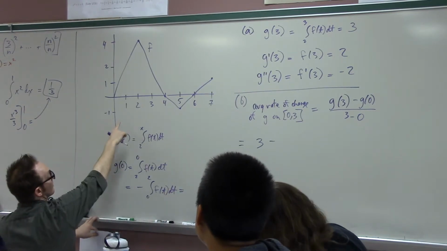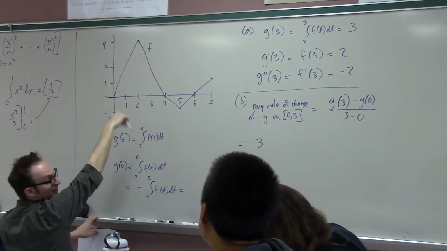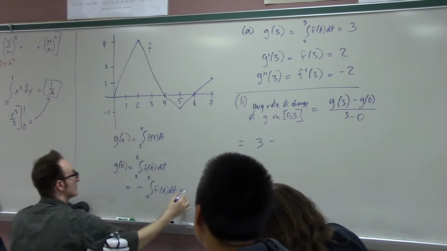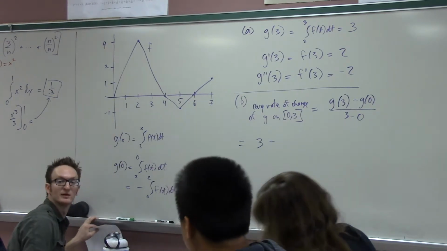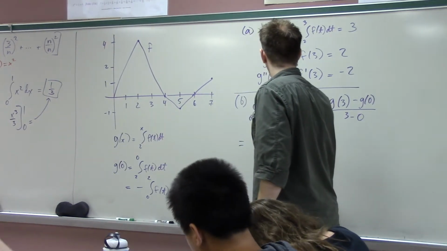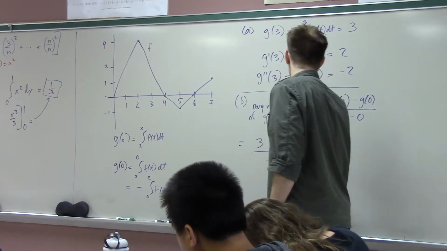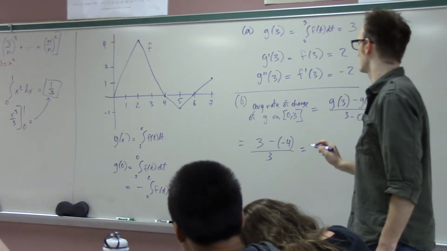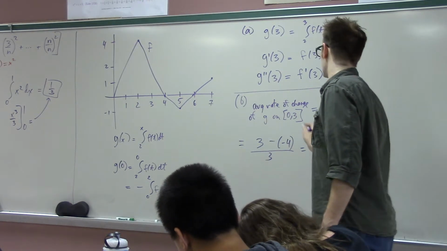And the integral from 0 to 2 is 4, because it's 1/2 times 2 times 4. So this is negative 4. Are you guys with me? Yeah. Okay, so this is 3 minus negative 4 over 3. And therefore, the average rate of change of this function is just 7/3 on this interval.